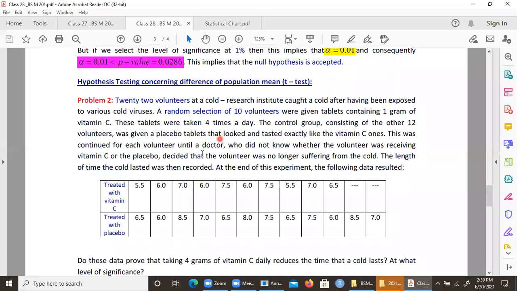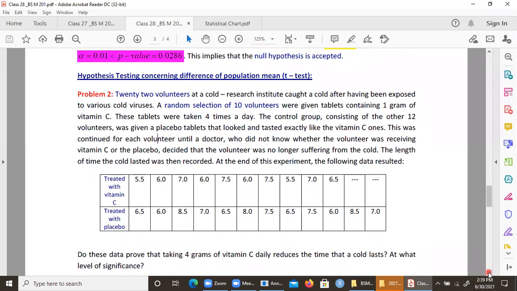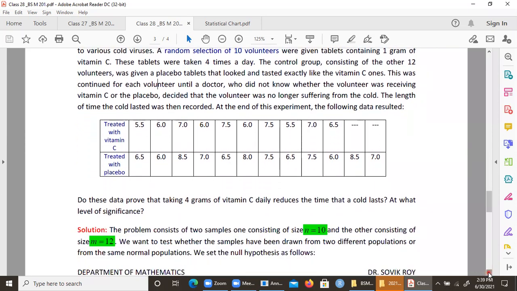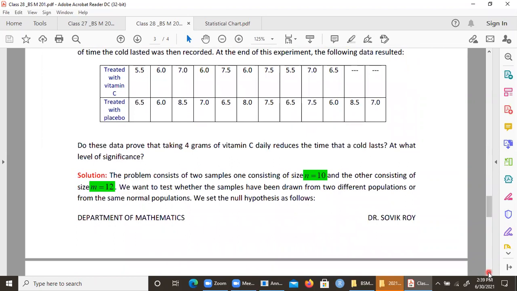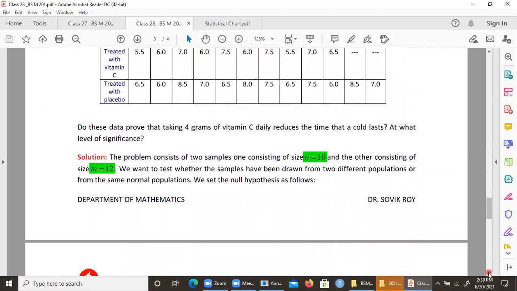So this type of sample is an independent sample, supposed to be drawn from two independent populations. So in this particular problem, the paired sample t-test will not work. To deal with this problem, I'm not reading out the rest of the problem because I'm going to upload the note in the Google Classroom very soon.